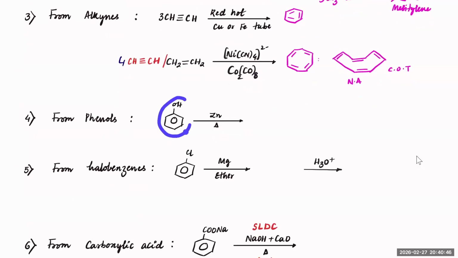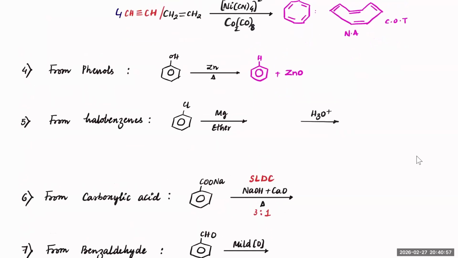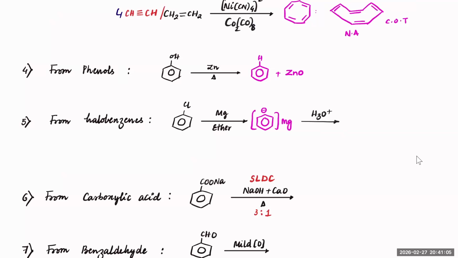Next, if we use phenol and react it with zinc, zinc will give away electrons and make hydrogen come back here and take the oxygen along with it. That's how benzene is formed. Halobenzene first reacts with magnesium to make a Grignard reagent. You'll get a minus charge here and MgCl plus here. When you treat it with H3O plus, you will get hydrogen here, leading to benzene, and magnesium becomes OH and Cl.